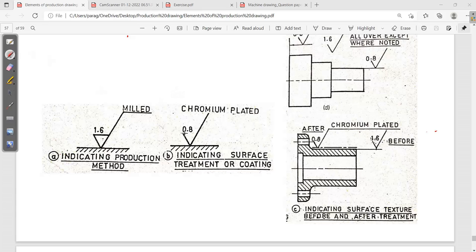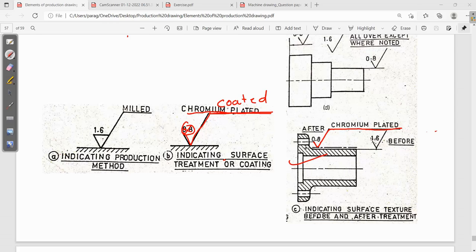This symbol you can draw. Along with that you don't have to mention the plating. Here there is a line, so whether it is chromium plated or otherwise, you can just write coated here. Indicating surface roughness is required. Here I gave just an example, so you just have to draw this chromium plating.